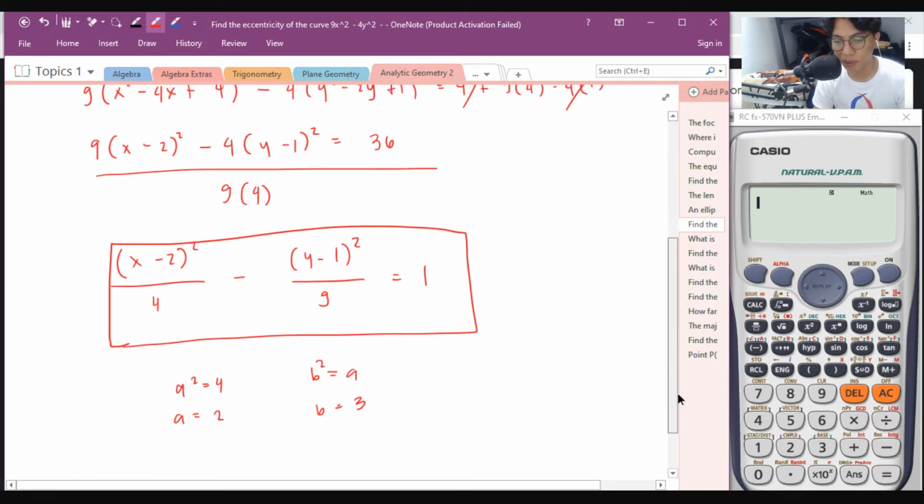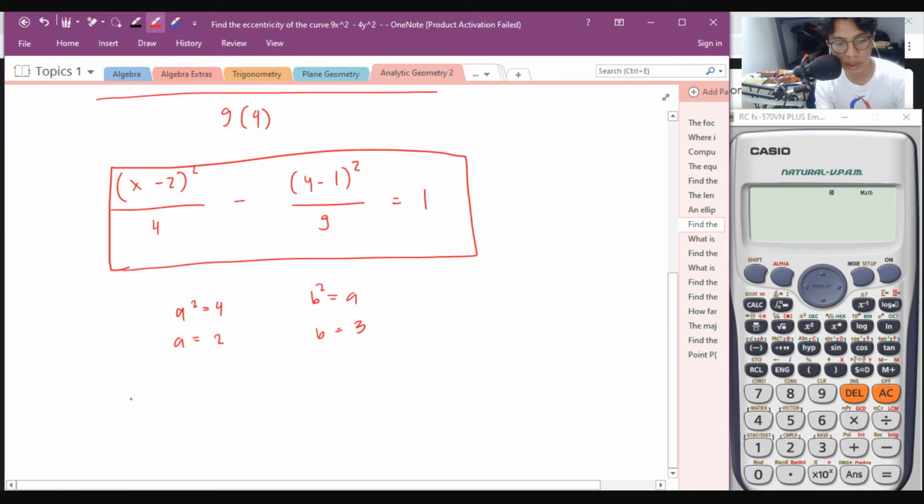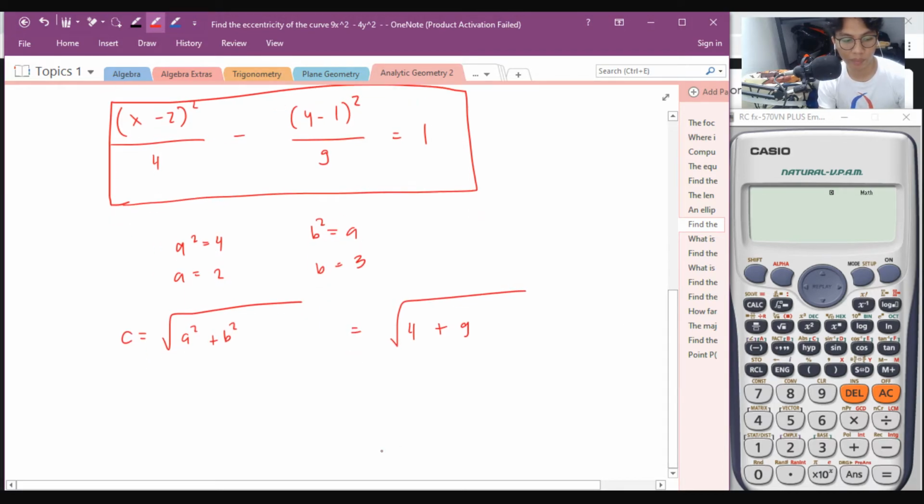Now, we solve for C. C is equal to square root of A squared plus B squared. Ayun yung formula niyan, ha? Equal to 2 times 2 is 4, 3 times 3 is 9, square root of 13. So, C is square root of 13.